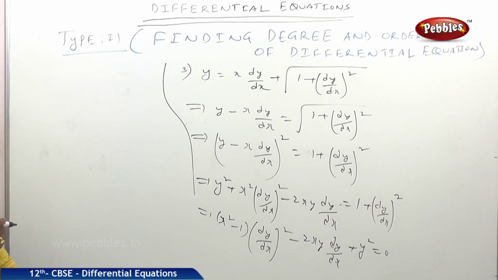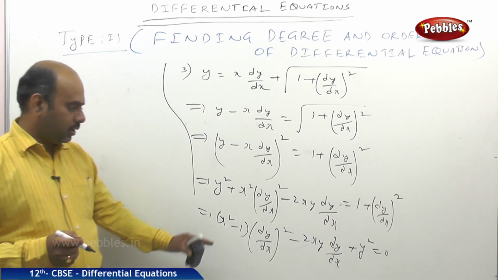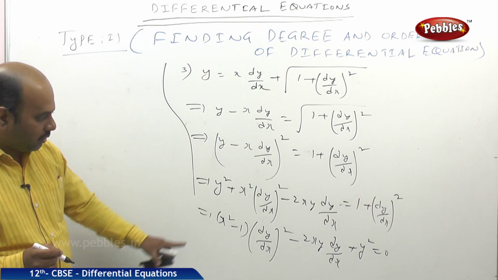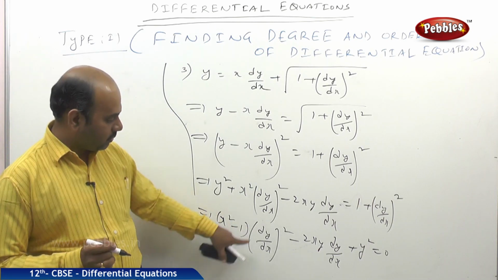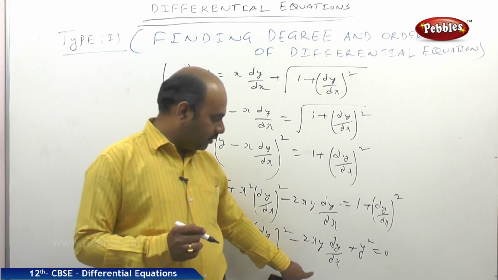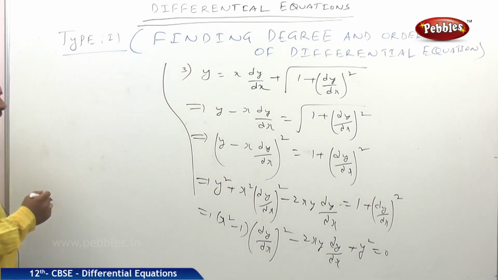Right? Now if you observe carefully, we got a differential equation of the form (x square minus 1) into (dy by dx) whole square minus 2xy dy by dx plus y square is equal to 0.